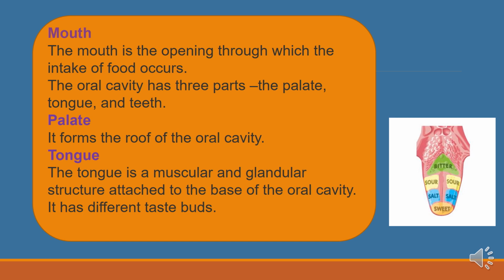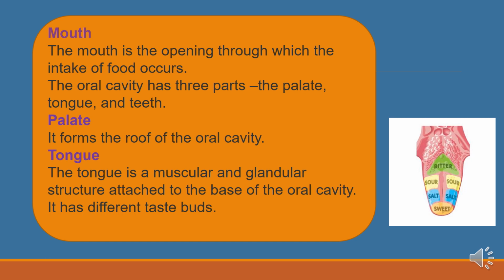tongue. At the floor there is the tongue, and the tongue is a muscular and glandular structure, and it also helps us in speech. The main function of the tongue is to taste. So the tongue has four types of taste buds on it. The first one at the tip is sweet.